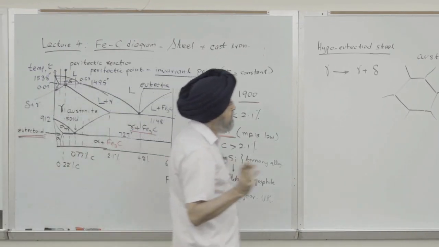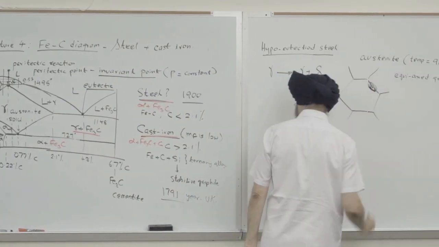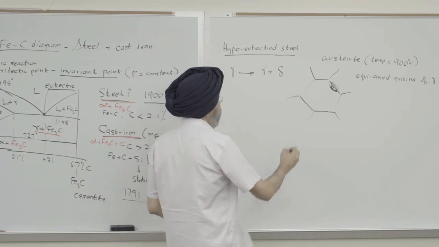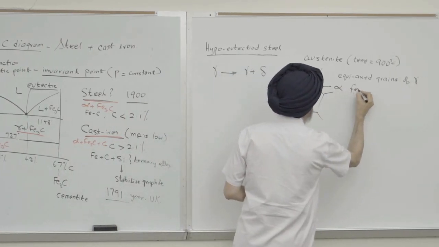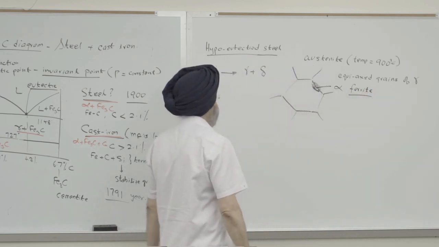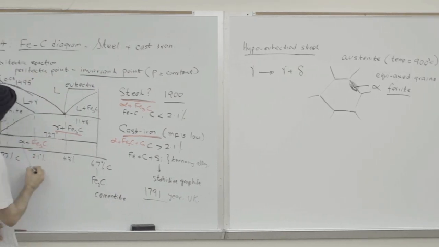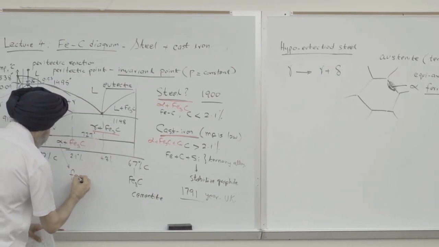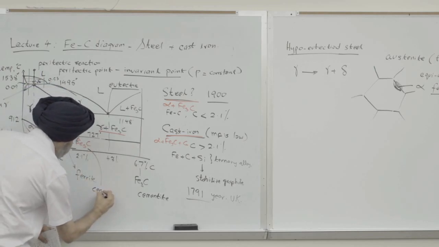In the previous diagram, I just drew a precipitate like this, of alpha. This is also called ferrite. I didn't mention ferrite so far. Okay, I'm sorry. So this alpha, the metallurgical term for this is ferrite. And of course, Fe3C is cementite.